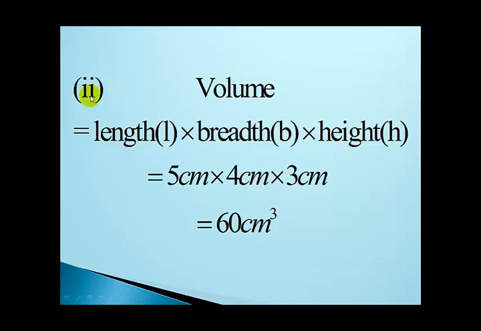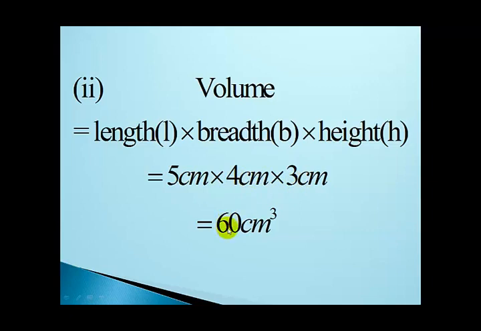Part B, the volume. The volume of a cuboid from the formula is equal to the length times the breadth times the height. From the cuboid, the length is 5 centimeters, the breadth is 4 centimeters, and the height is 3 centimeters. So 5 times 4 is equal to 20, and 20 times 3 is equal to 60.